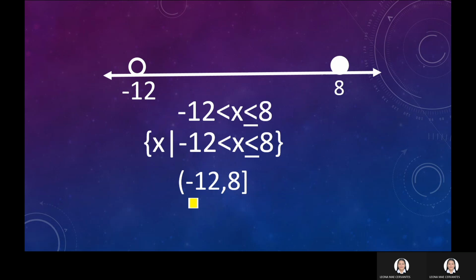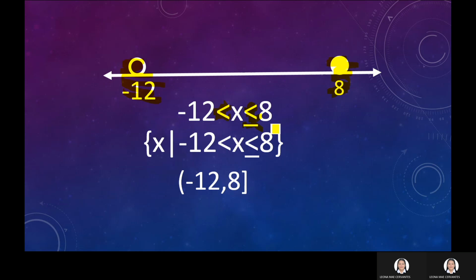Next, we have negative 12, not shaded or not included, and positive 8, which is shaded or included. Since negative 12 is not shaded or not included, we will not put an equal or underline. And since positive 8 is shaded or included, we will put an underline or equal.